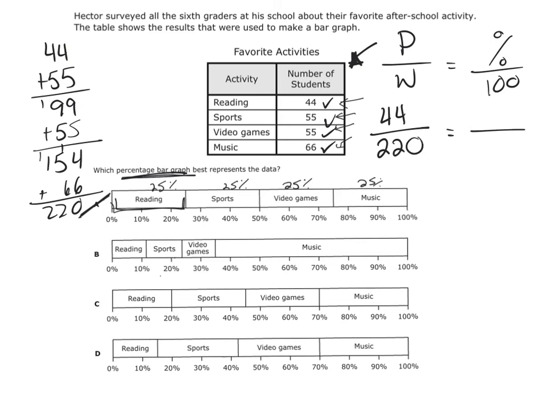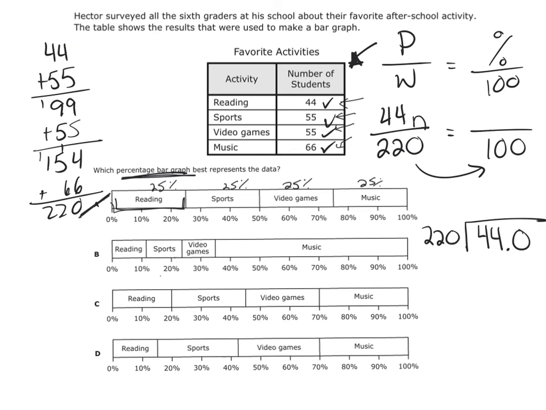So if you can't think of how to get from 220 to 100, remember you can also do a percent by changing it to a decimal. Remember FDP. So that might be the best case in this scenario. Remember, numerator goes on the inside, so 44, 220.